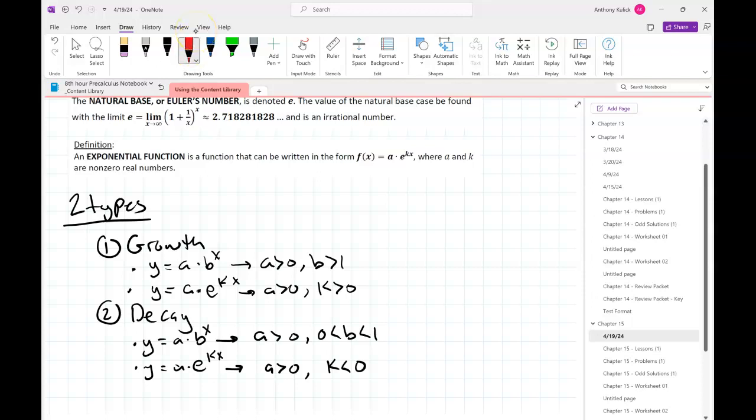Now, notice all of these rules I've given you are for positive a. What happens if a is negative? Well, just the criteria for the b switches. And the criteria for the k switches.